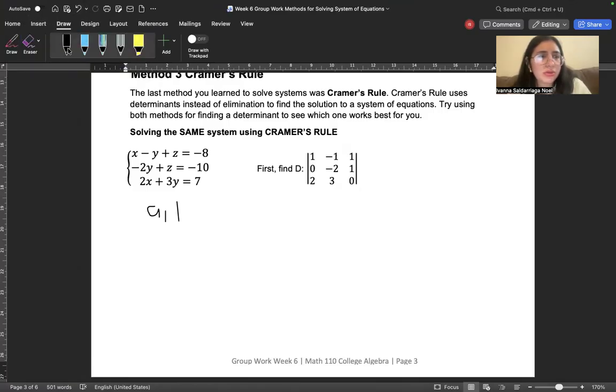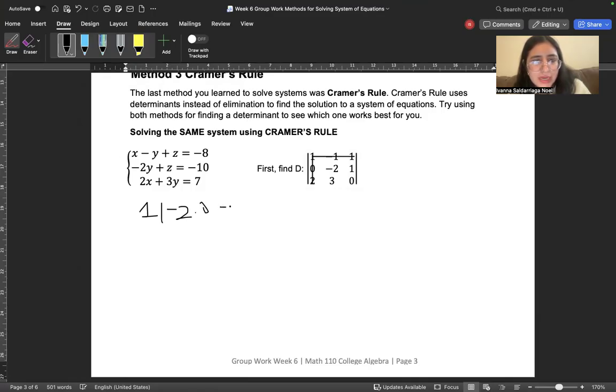But it will be first, 1 multiplied by -2, 0. I'm just gonna put 0.